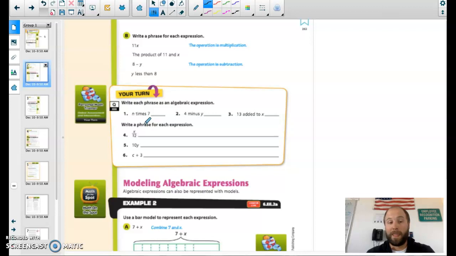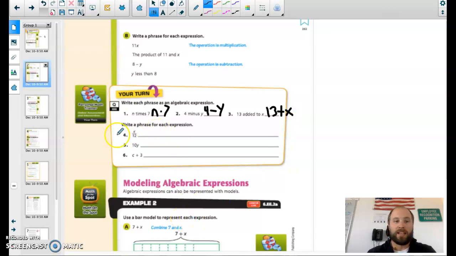Okay, welcome back. Let's see if you got this right. It says write each phrase as an algebraic expression. n times 7. So you should have n times 7. Remember, we're getting away from the x. 4 minus y. 13 added to x.